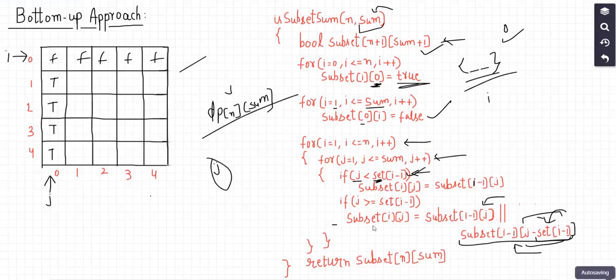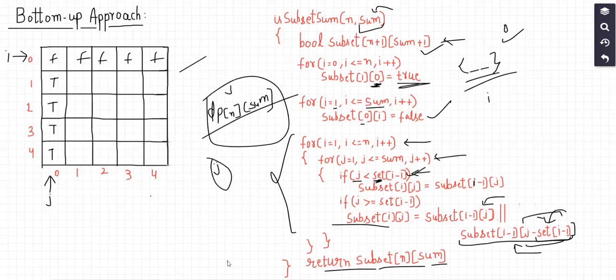Finally, after the loop ends, I return subset[n][sum], because this contains the final answer. The space and time complexity stays the same. It is n cross sum, not m, for the time complexity. And the space complexity is also n cross sum, because that's the dimensions of the matrix I am using here.